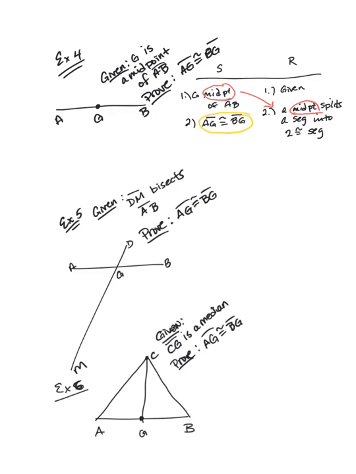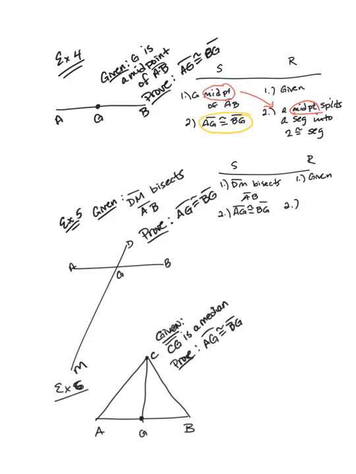So if we look at example 5, my statement is DM bisects AB, right? So that's given. So then, when I prove that AG is congruent to BG, what would I have to say?